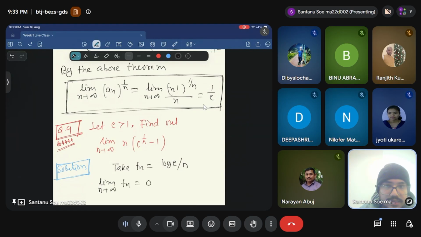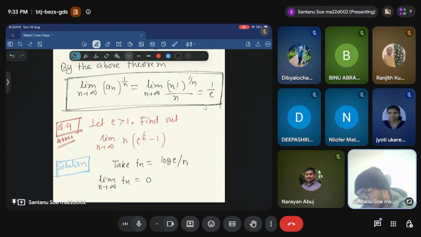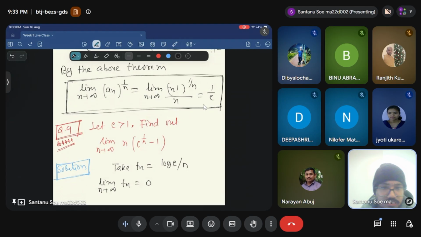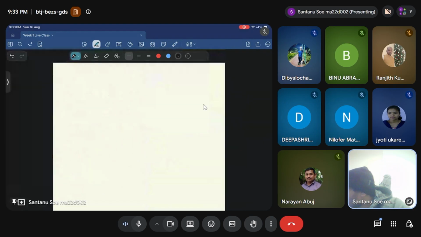After that I will show another way, similarly by change of variables. The limit of T_n is 0 because log c is a constant, and since it is divided by n, which is going to infinity, T_n will be going to 0, right? And from here, one thing to notice is that exponential of T_n is c to the power 1 by n.